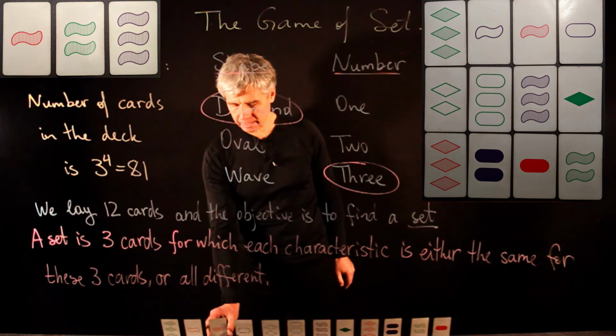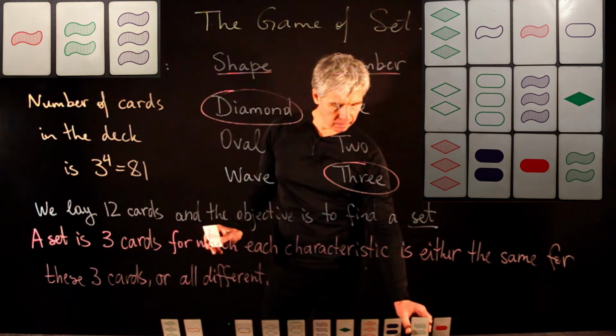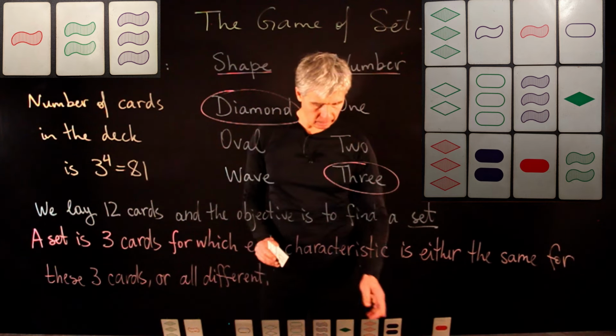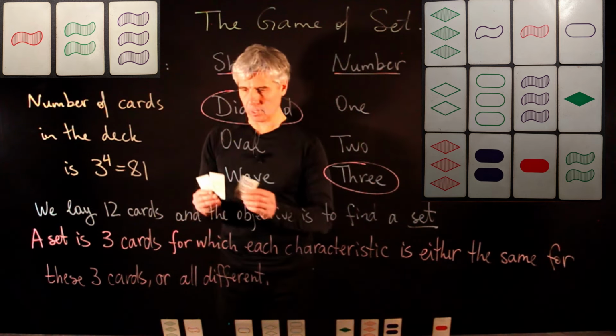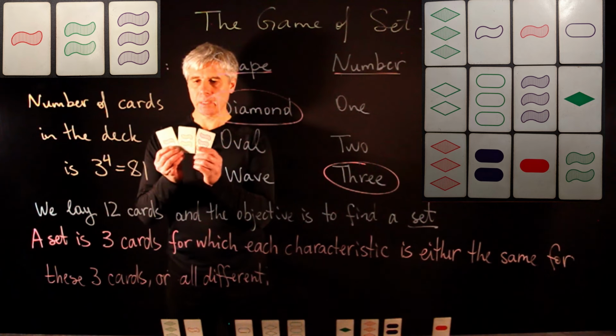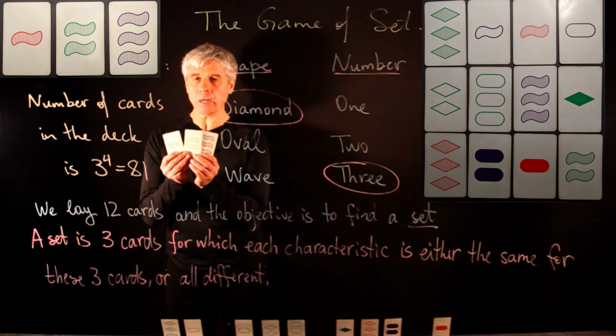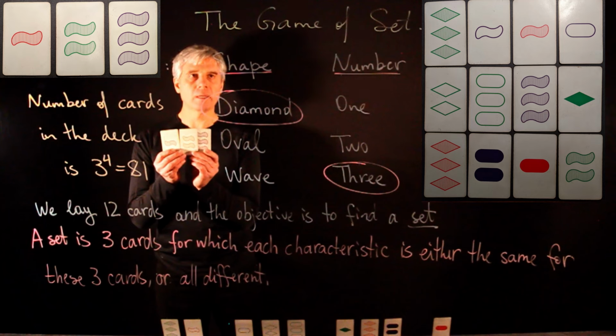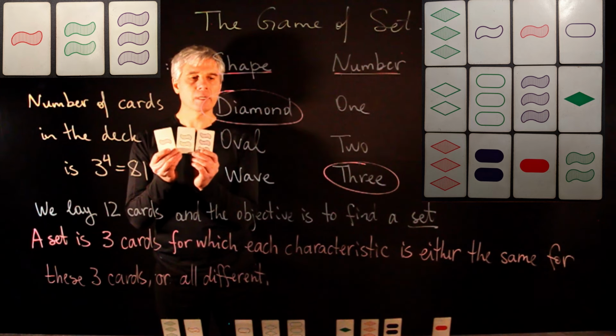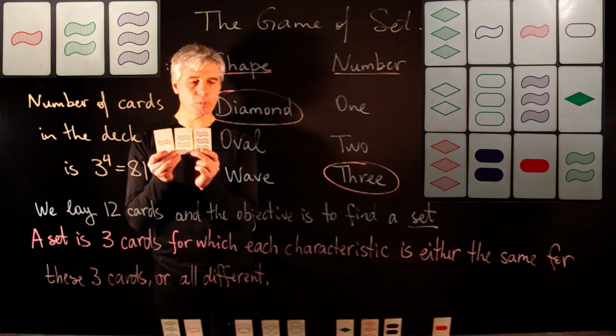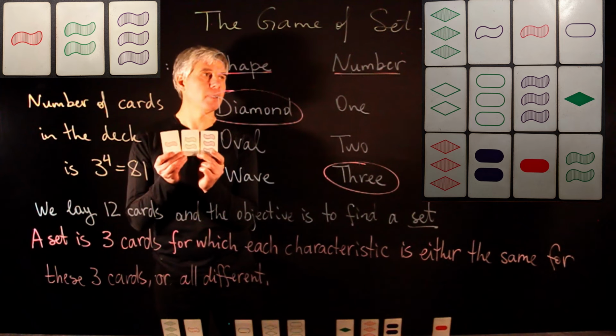Okay, so let's look at an example. Let's take this card, and this card. So here I claim that these 3 cards form a set. Now let us look at the shape. So for the shape, these 3 cards have the same shape, so they're all waves.